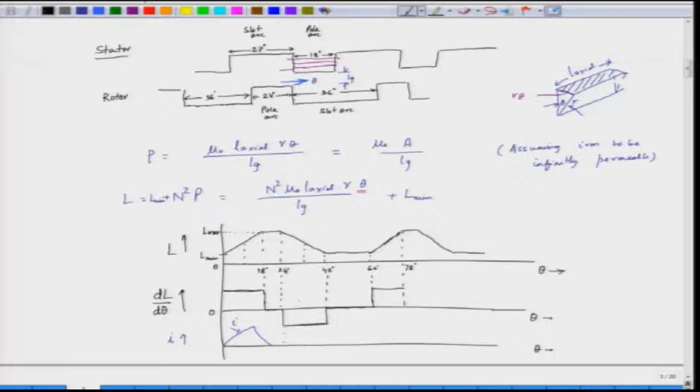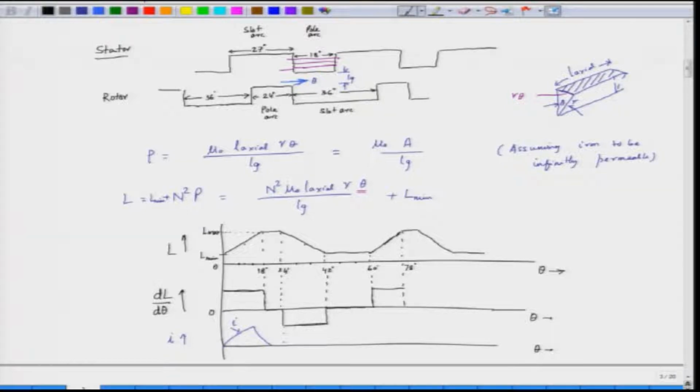These are the 6 degree steps we have here: 6, 12, 18 and 24, 30, 36, then 42, and then we have 18 degrees more: 48, 54 and 60.